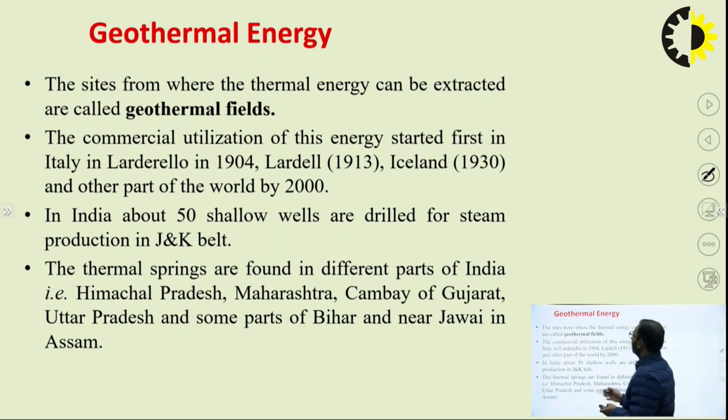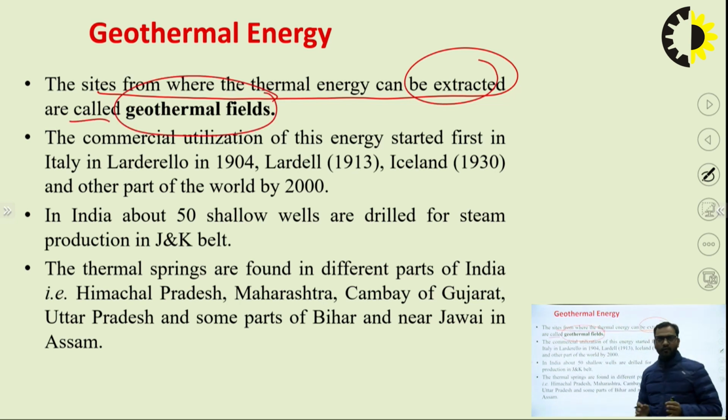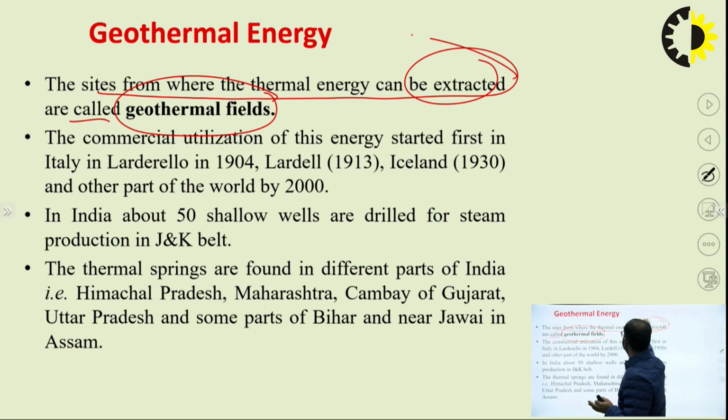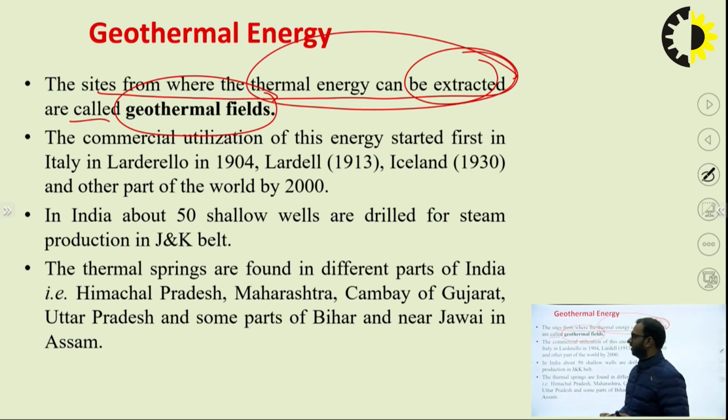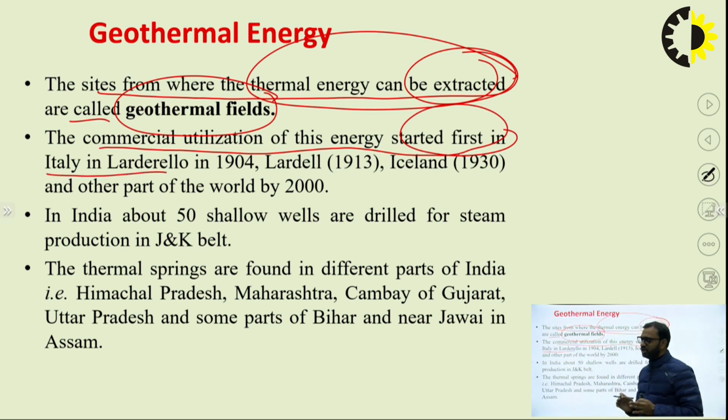Then the sites from where the thermal energy can be extracted are called geothermal fields. Clear? What is a geothermal field? Geothermal fields are those areas where thermal energy can be extracted. So the commercial utilization of this energy started first in Italy in Lardello in 1904.